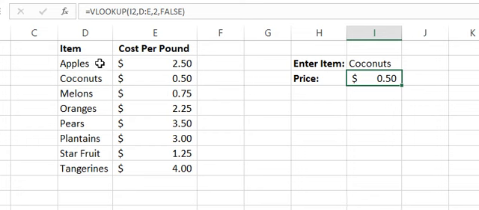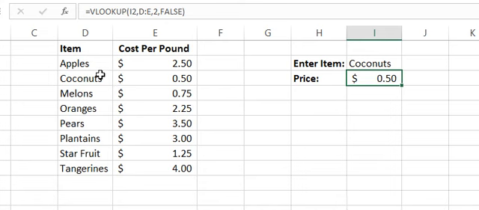That's because I wanted to look in this column and I want to find this, the price that's associated with whatever is on the left. So if it finds coconuts, it's going to tell me 50 cents, etc. And this is the second column of my array. So I start with 1, 2. So I put the number 2. If I had a third column and that's what I was trying to find, I would put 3.